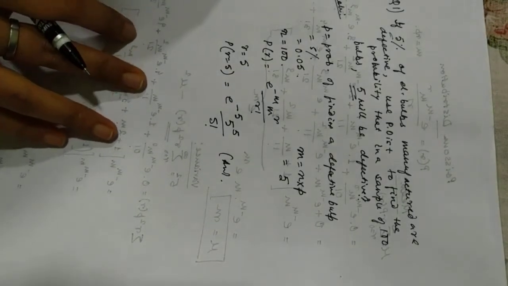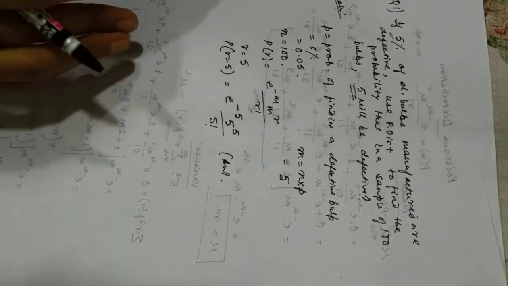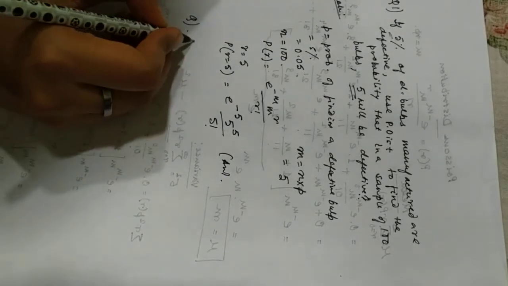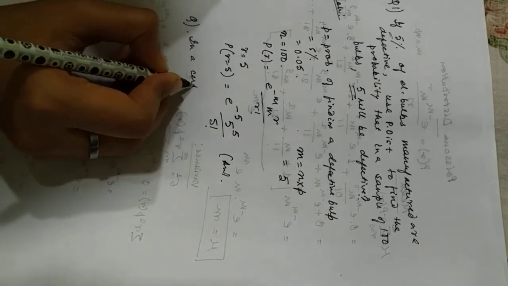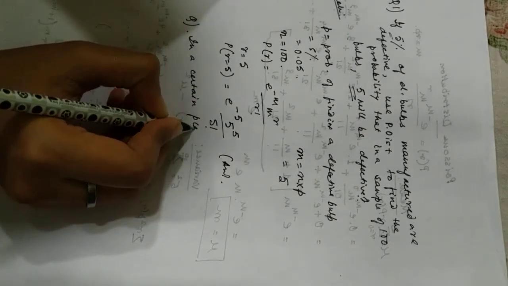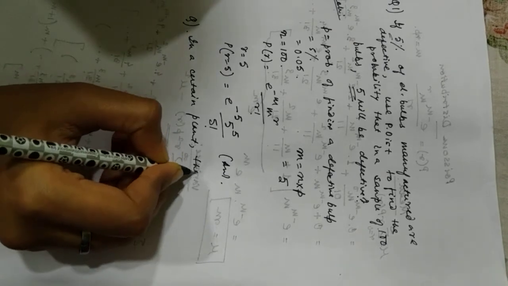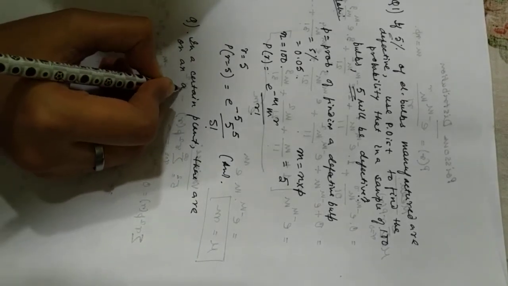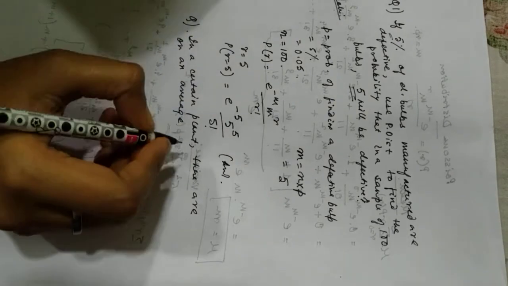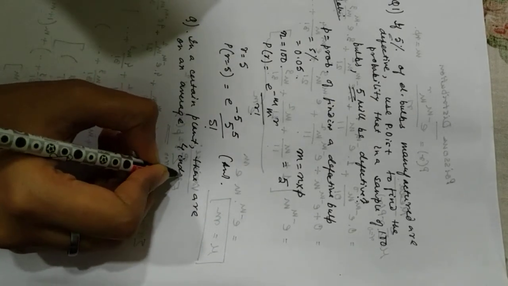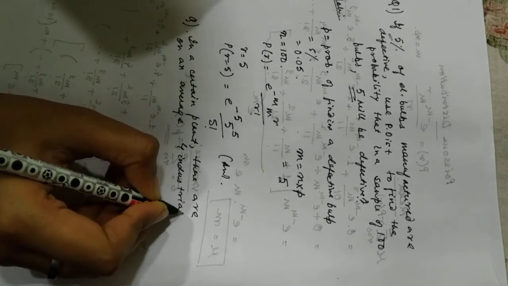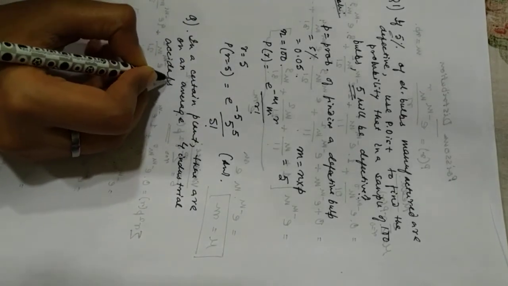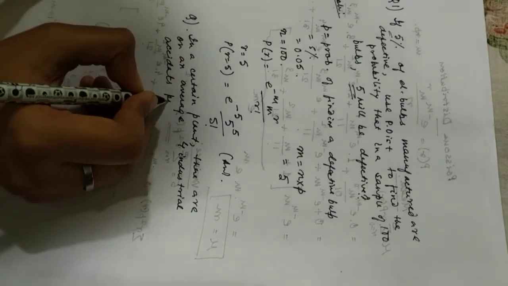Okay, let's solve another problem. Question: in a certain plant, there are on an average 4 industrial accidents per month.